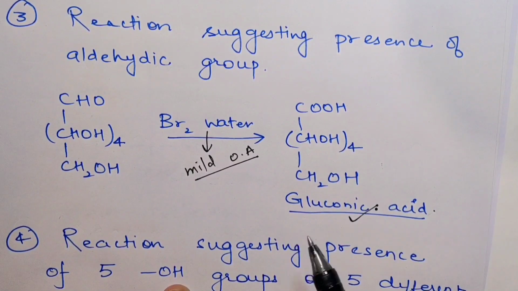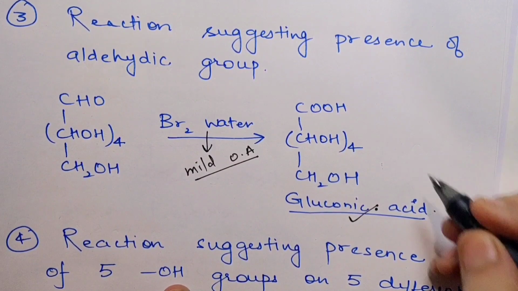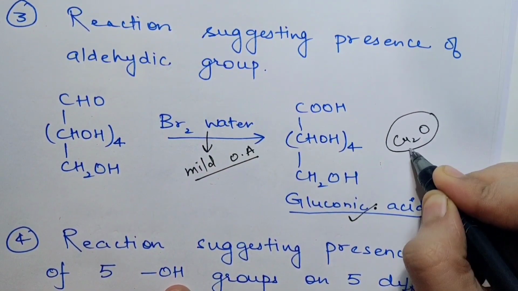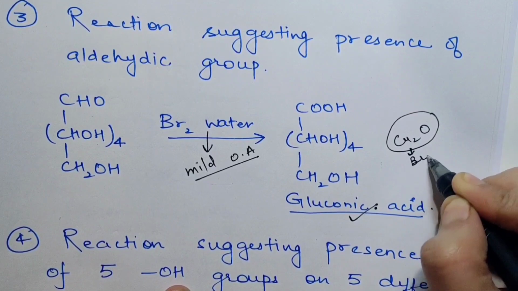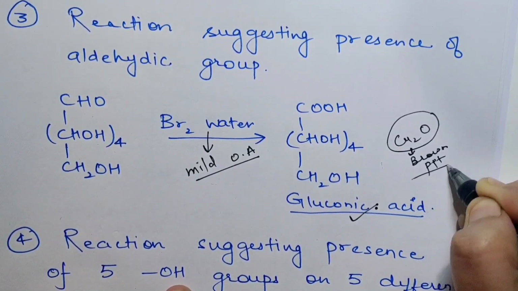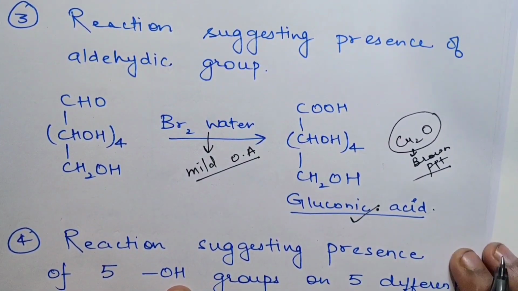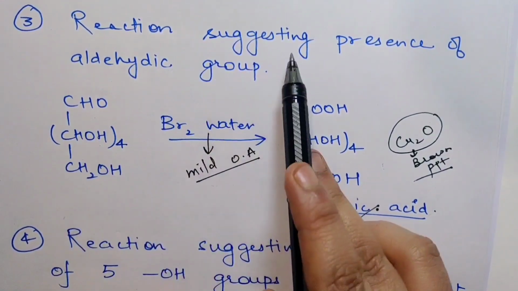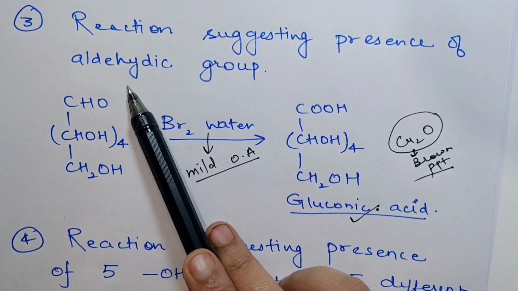If you are treating glucose with Fehling's solution, you would get Cu2O, cuprous oxide, which will give a brown precipitate. Okay, that's just additional information. So this reaction suggests that glucose has an aldehydic group.